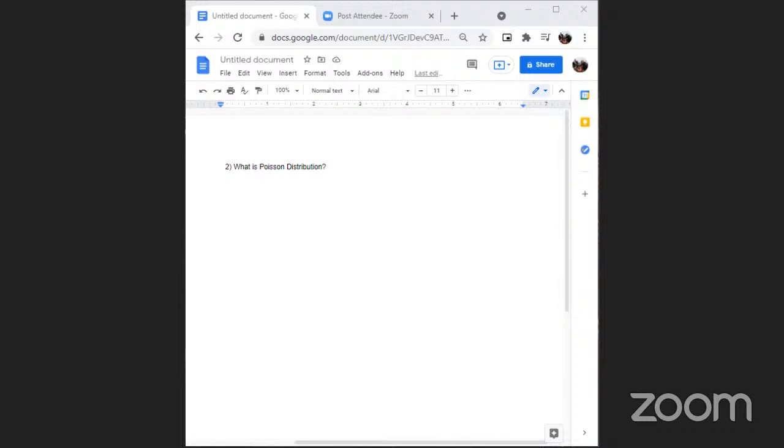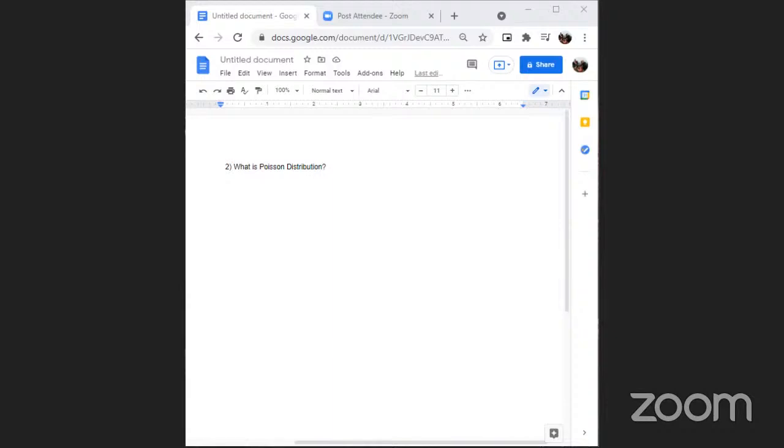Right. It is a tool that can be used to determine how many times a particular event is likely to occur within a specific period of time. In other words, you can also name it as a count distribution.